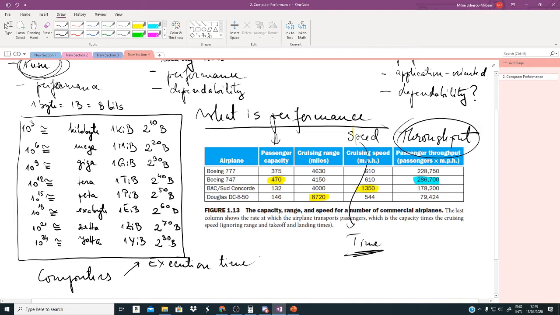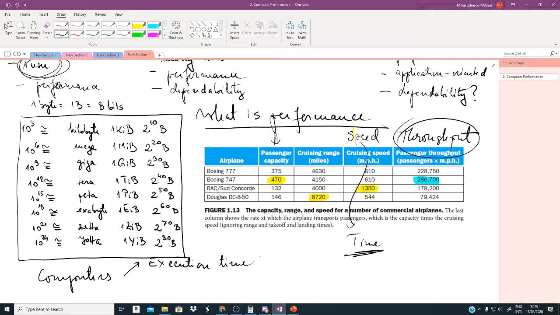But when we consider many, speed applies to all the passengers in the plane. The execution time, when you execute program after program, is the execution time for each program as an individual.